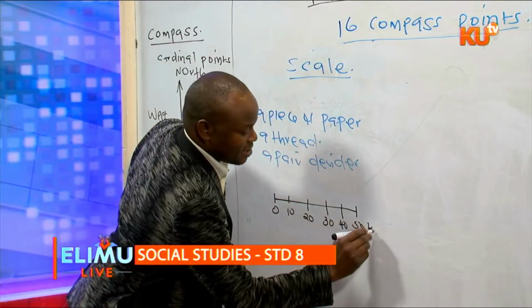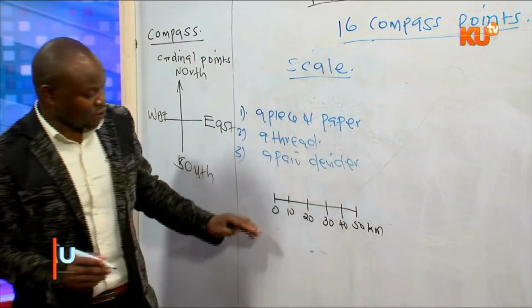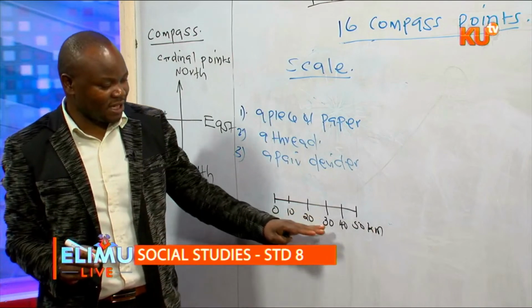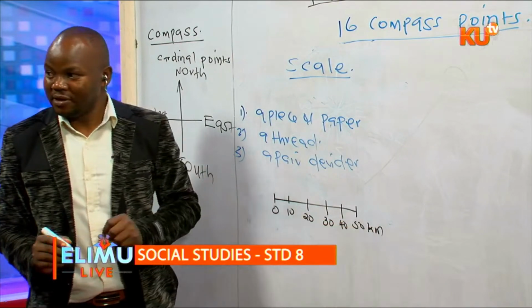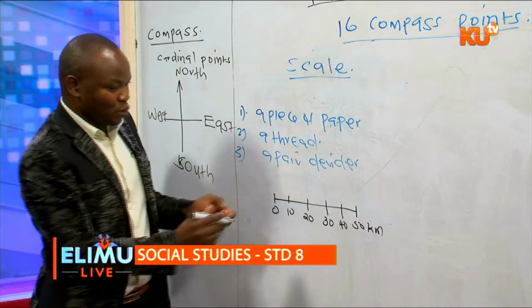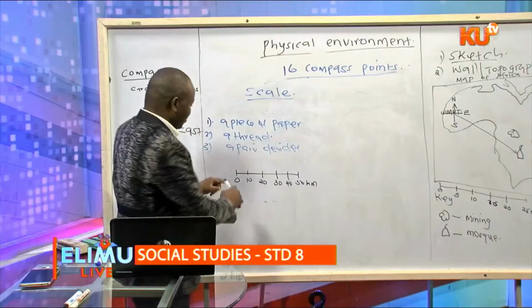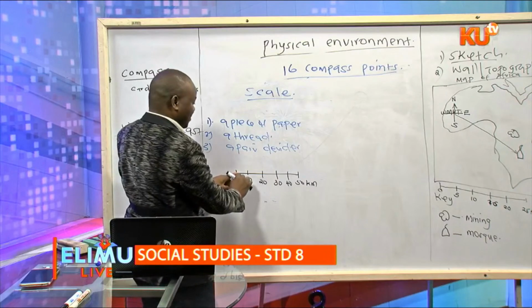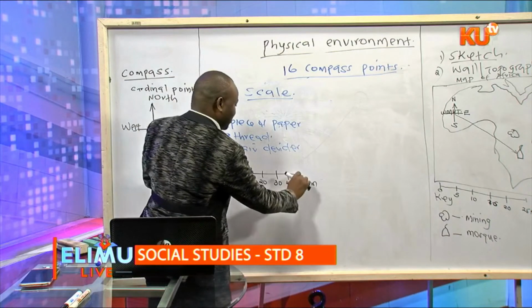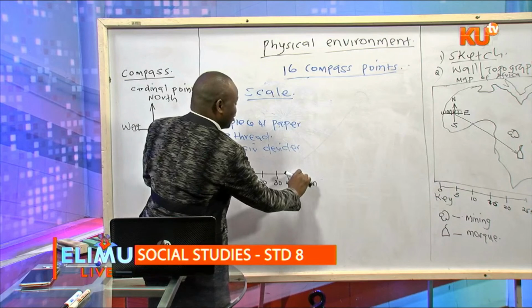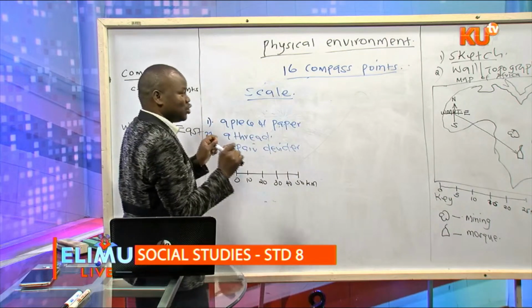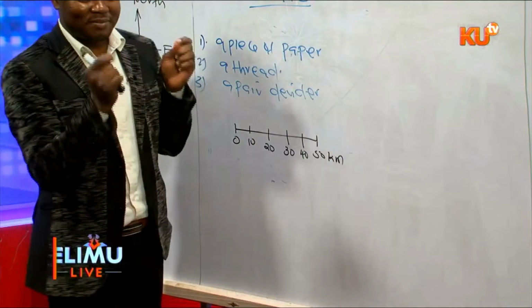And remember, it is in kilometers. So 0, 10, 20, 30, 40, 50. So that one, you are going to put a piece of paper. When you put it here, a piece of paper, you stretch it further up to here. Then you are going to use that one to get the correct measurement.